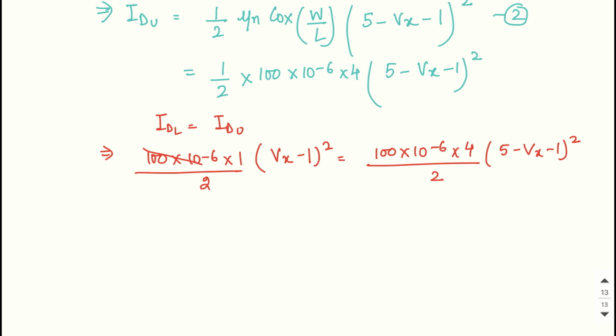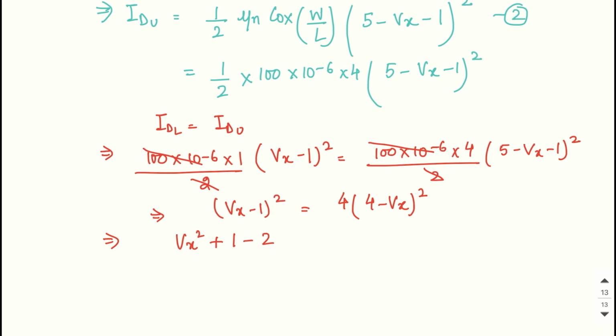We can cancel this as well as the 2, and we have over here Vx minus 1 whole square, and this side 4 minus Vx whole square. We can now open the brackets. Vx square plus 1 minus twice Vx is 4 into 16 plus Vx square minus 8 Vx.